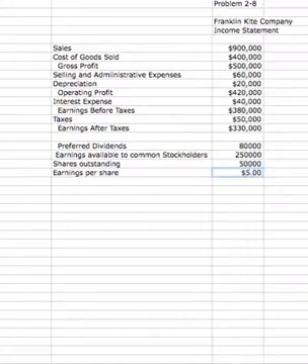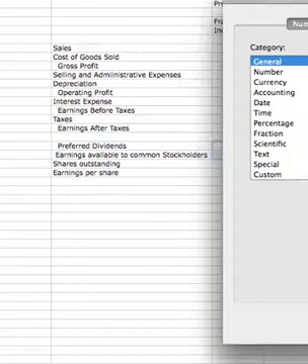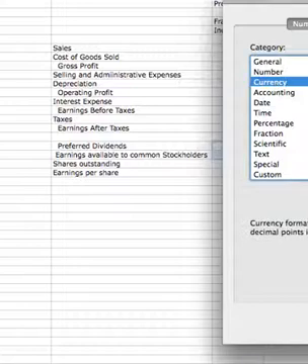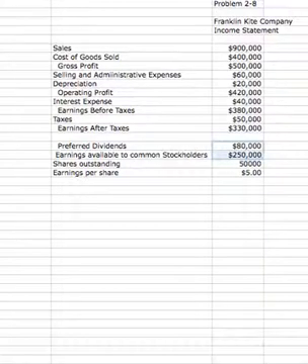Currency. And this. And this. And there you have it. There's the answer to problem 2.8.